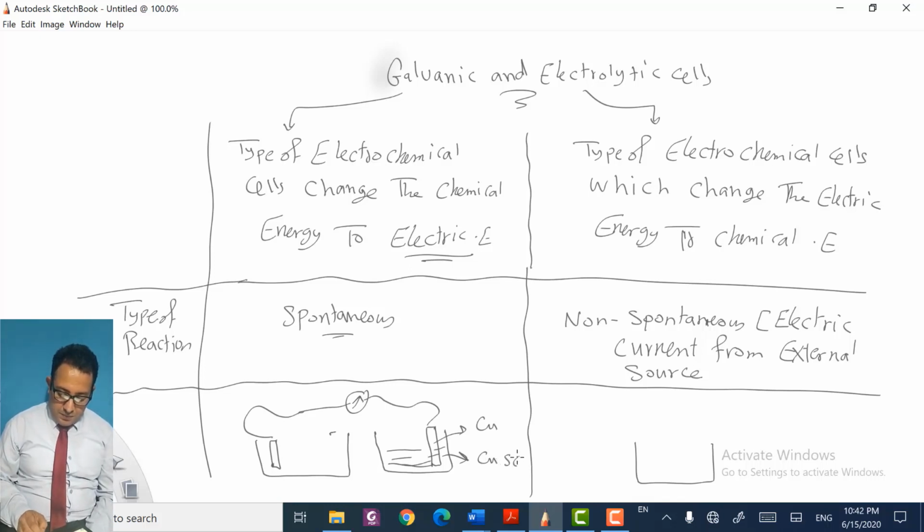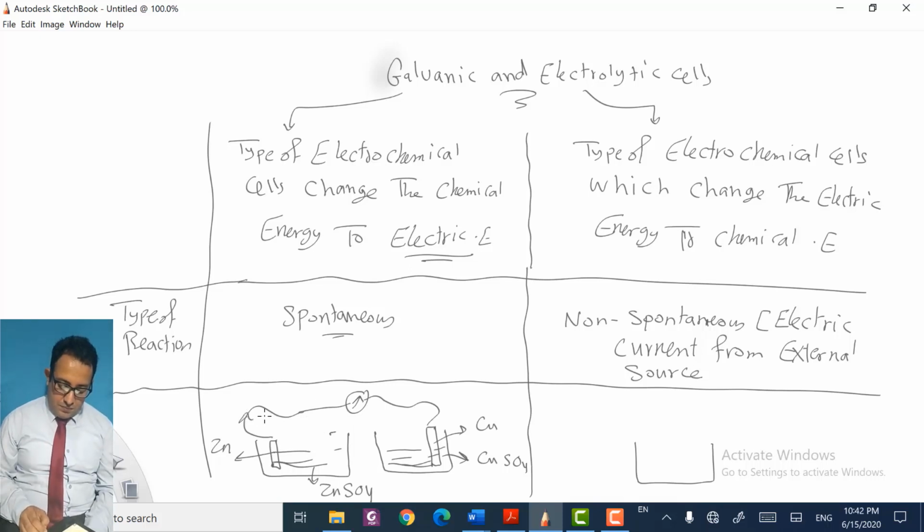Maybe a copper electrode in the copper sulfate solution, and another one, maybe zinc, in zinc sulfate solution. Then the electric current starts to transfer from the zinc toward the copper.